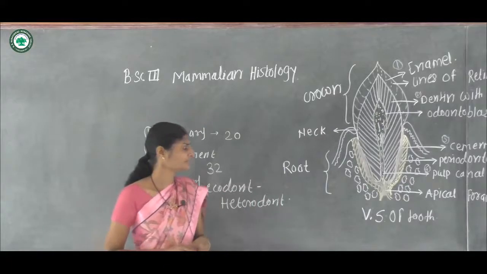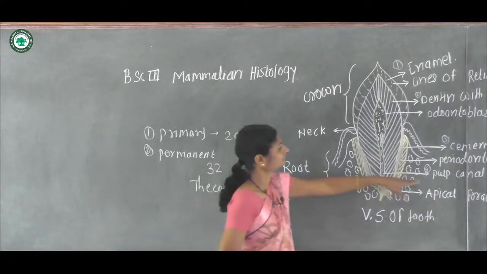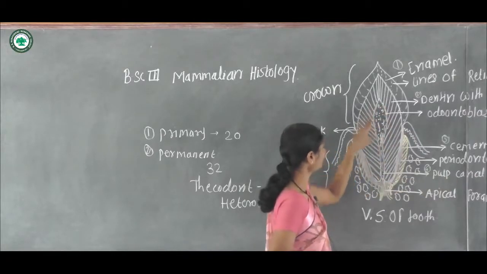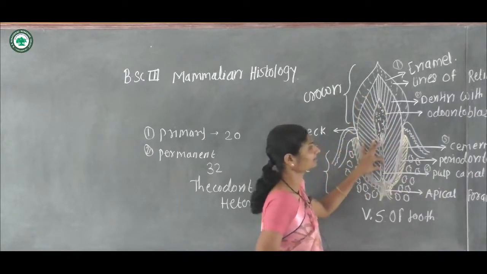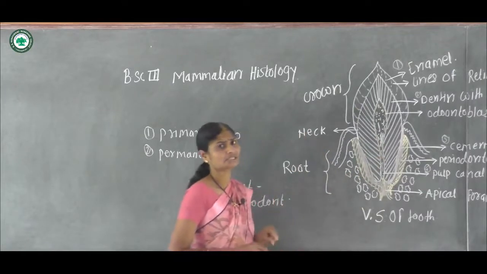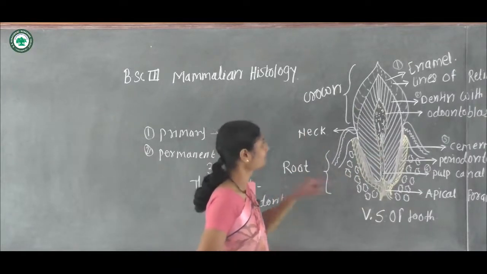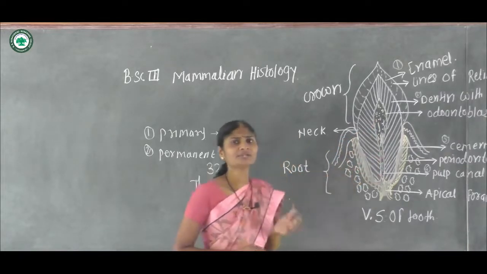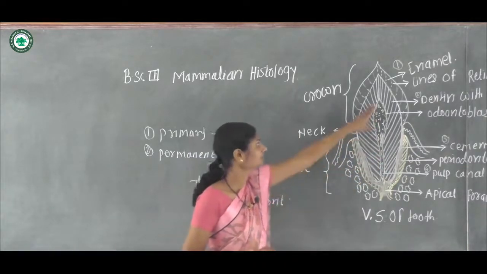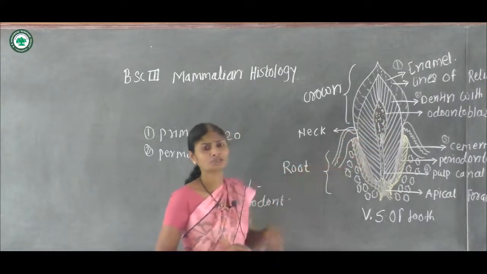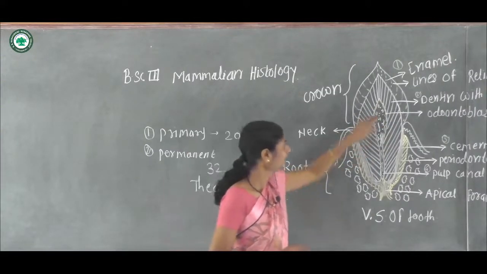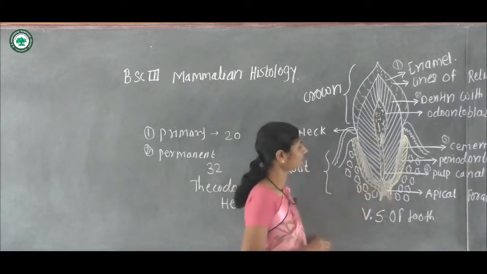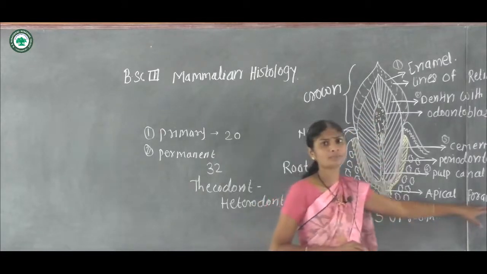Next division is the pulp cavity. The pulp cavity is present in the center and mainly consists of odontoblast cells, blood vessels and nerve fibers. It is a living unit, and in its apical region it contains the apical foramen.